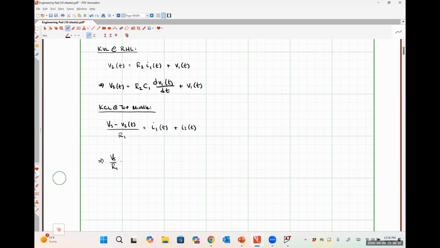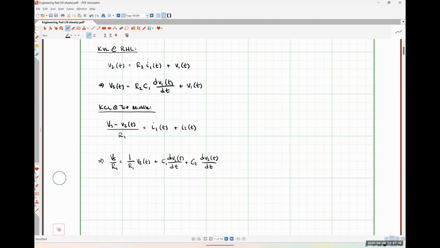Vs divided by R1 is going to be equal to 1 over R1 times V2 of t plus C1 dV1 by dt plus C2 times dV2 by dt. So anybody have any questions, comments, or concerns about how I've applied Kirchhoff's current law and then how I've rearranged and re-expressed these relationships?